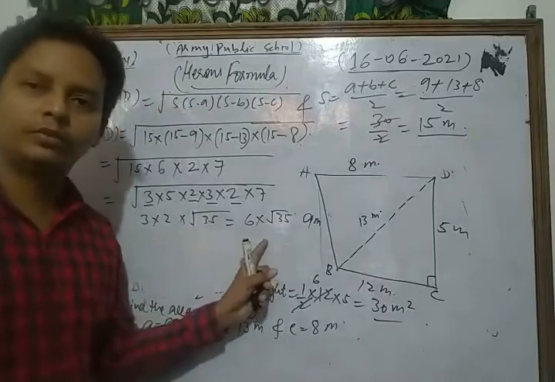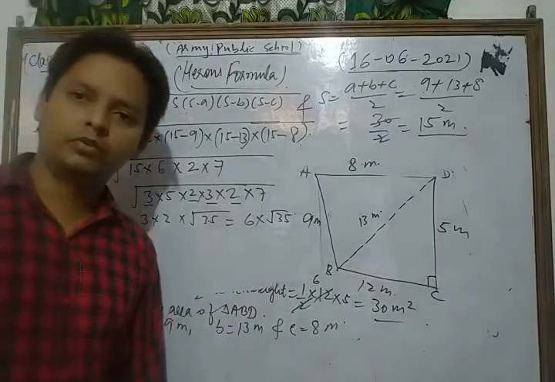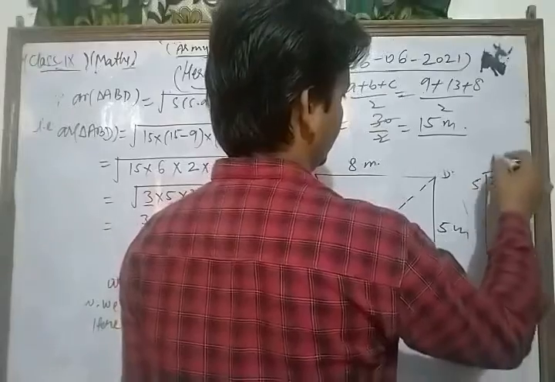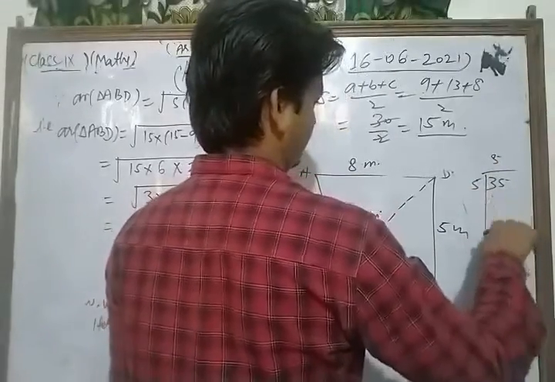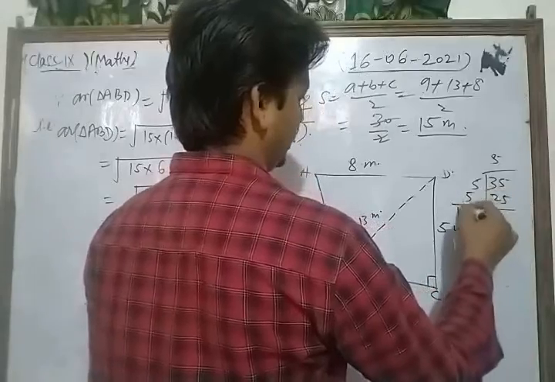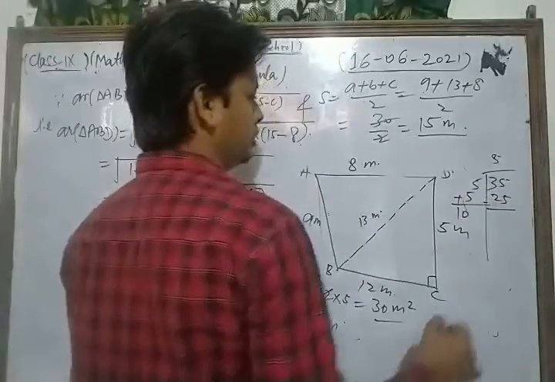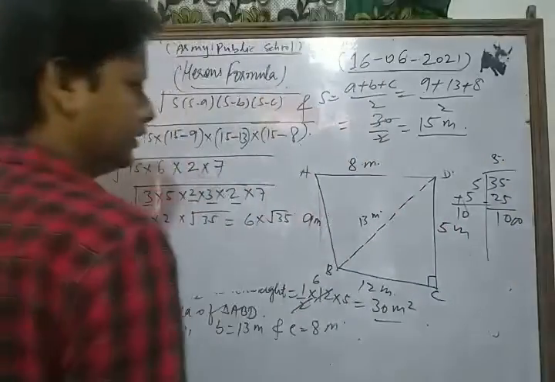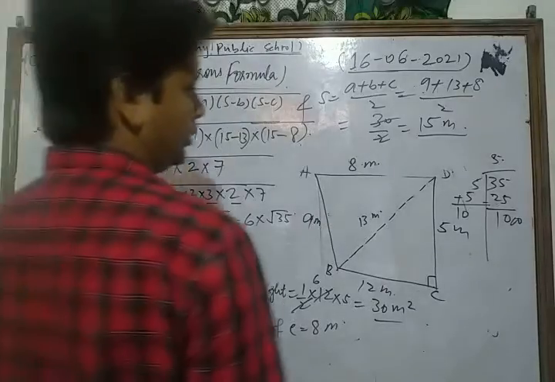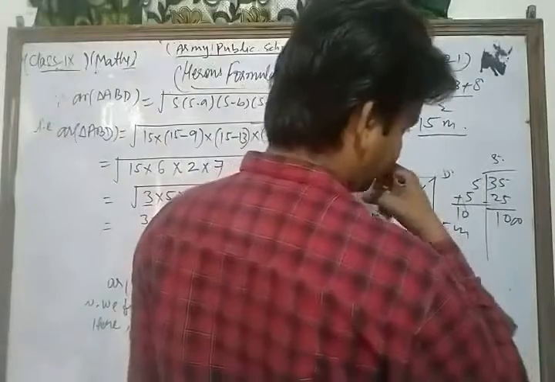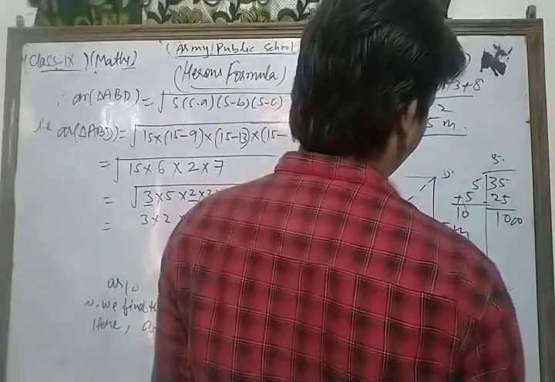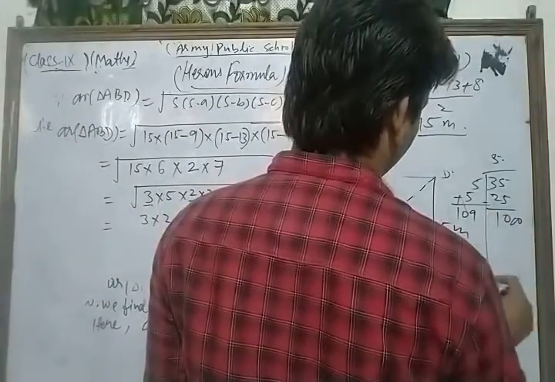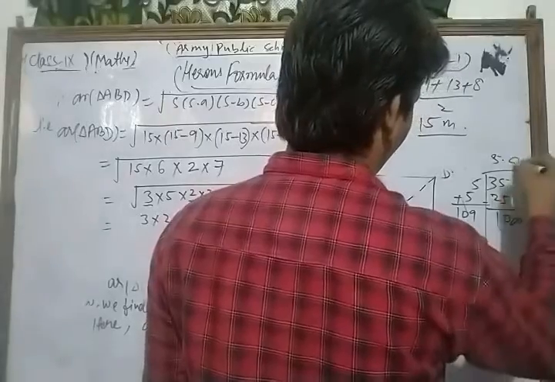Now we find the square root of 35. 5 5s are 25, 5 5s, 10. Now subtracting them, 0, 1. So the square root is 5.9 something.